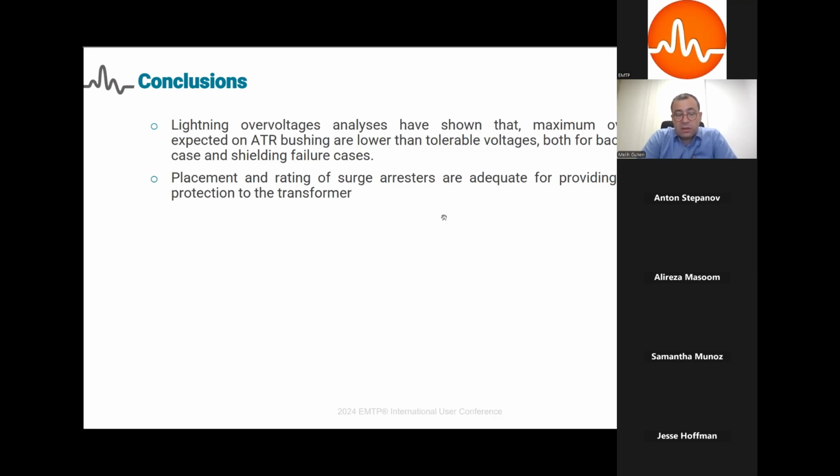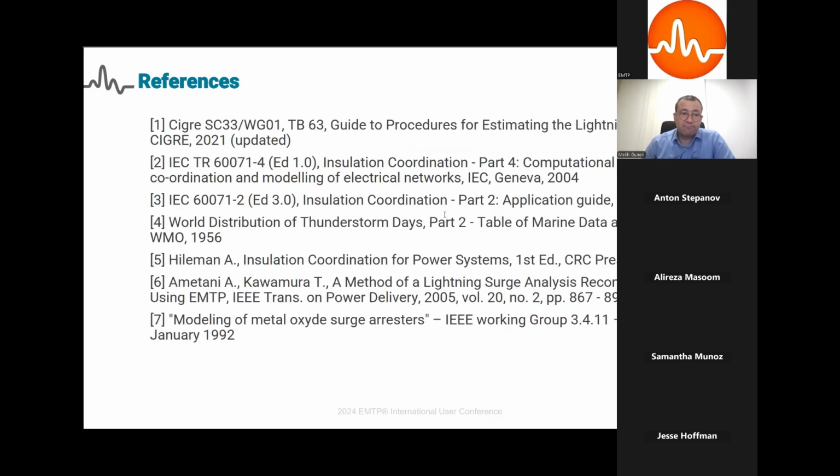So we have decided that the placement and rating of surge arresters used for the auto transformer protection would provide necessary protection to the transformer, even in this quite strange application, having quite a long electrical distance between the surge arrester and the auto transformer.